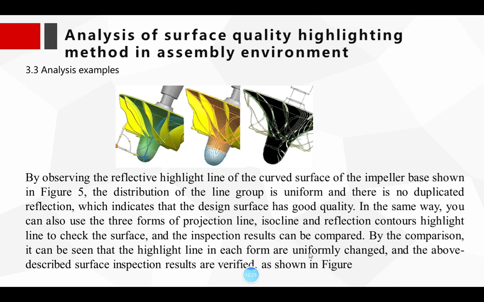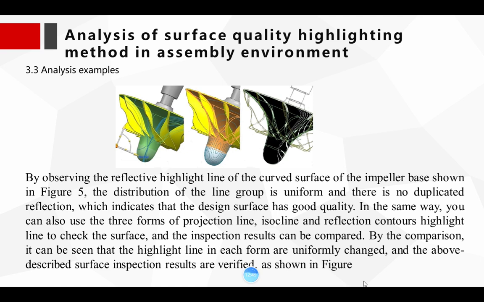By observing the reflection highlight line of the curved surface shown in the picture, the distribution of the line group is uniform and there are no duplicated reflections, which indicates that the design surface has good quality.